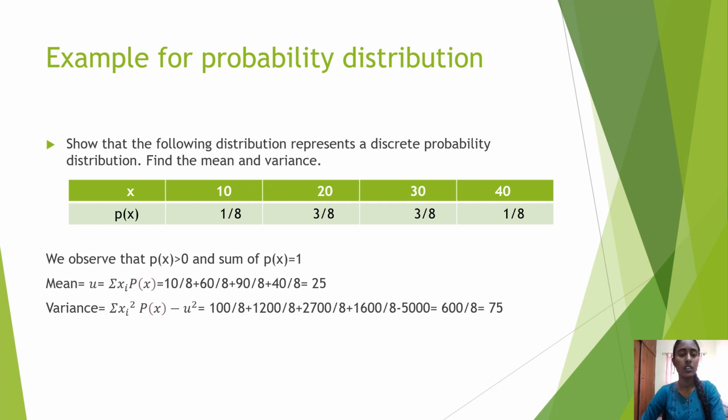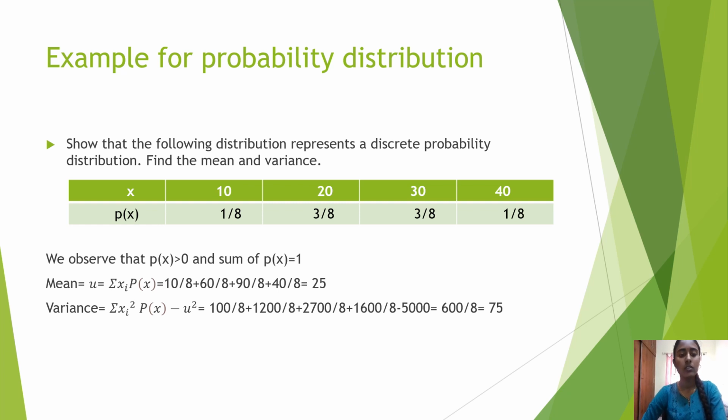Here you can see an example for probability distribution. The question goes like this: show that the following distribution represents a discrete probability distribution and find the mean and variance. Given the values for x and p of x, we should find the mean and variance. Here we observe that p of x is greater than 0 and the sum of p of x equals 1.